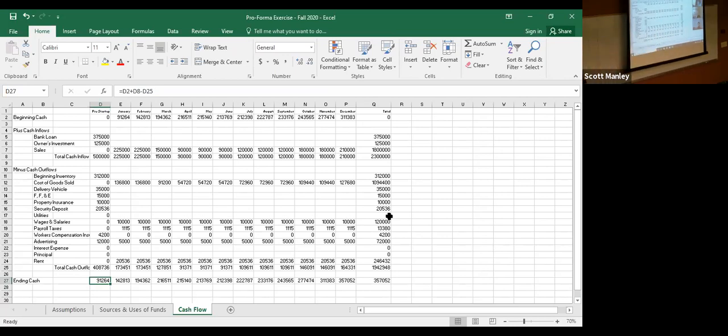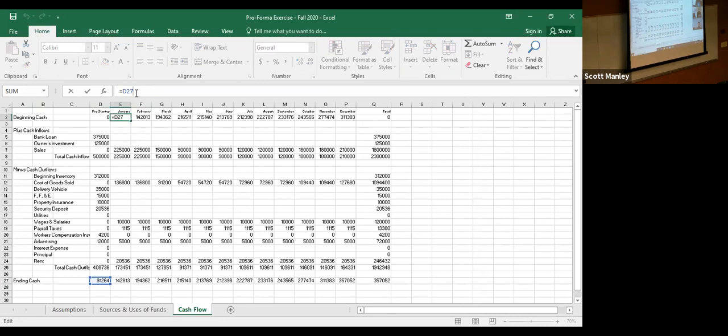So you need to put a formula in there. That formula simply takes the number in the column just to the left at the bottom. I don't know what specific cell that is for your spreadsheet. I know what it is for mine. It's D27.